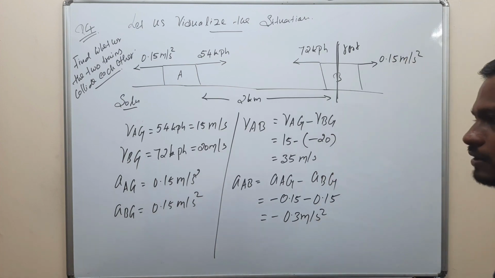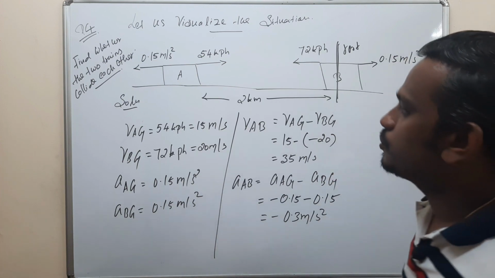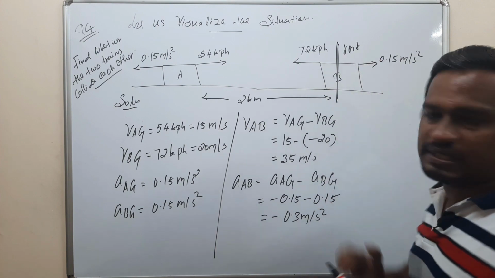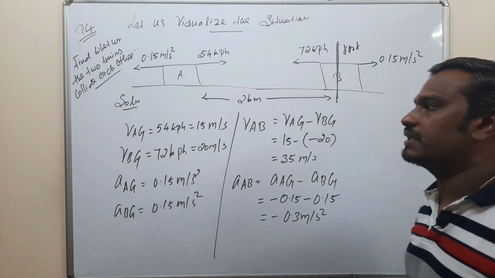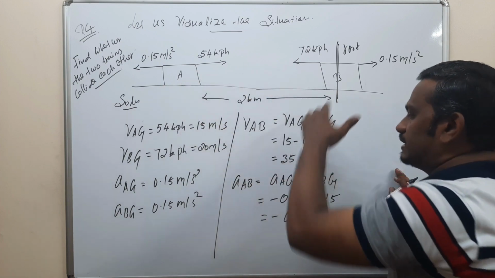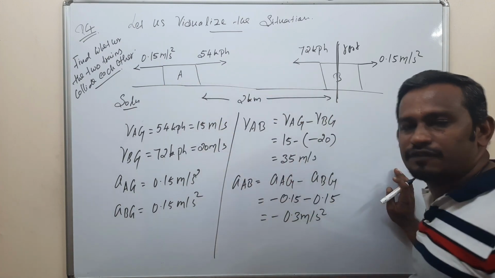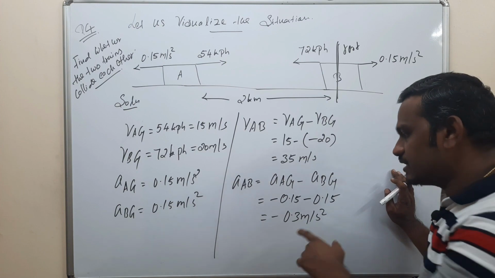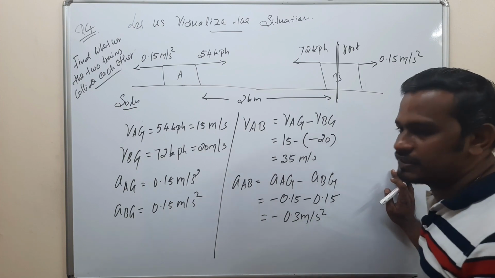Now what is the picture? So now this train B is at rest. The train A is coming towards the train with the speed of 35 meter per second with the deceleration of 0.3 meter per second square.